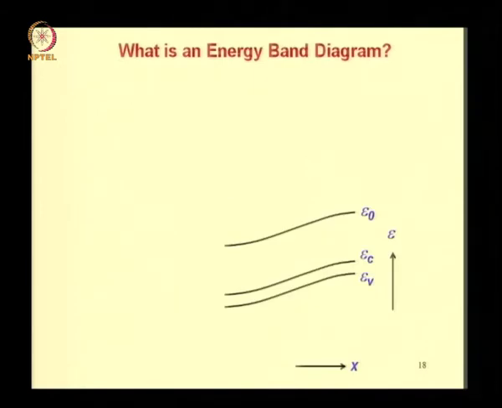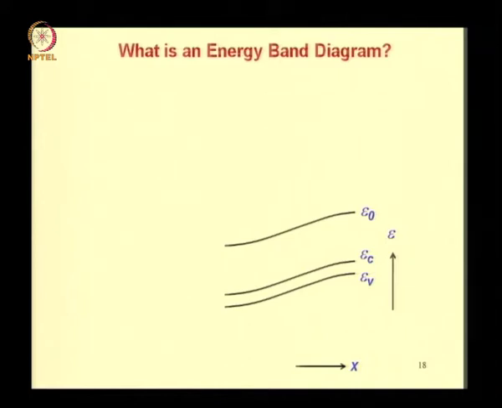Here is an example where we show E naught as a line and in parallel with it lines EC and EV. So in this diagram the x represents the distance and the y axis is the energy. Now you know that there can be many other lines in the band diagram, such as Fermi level, donor level and so on.